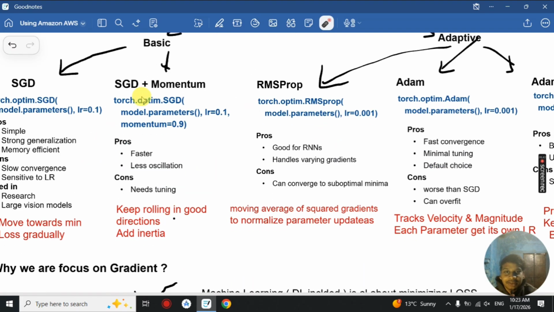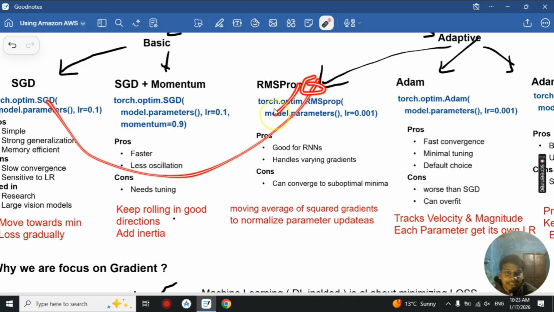Now we have SGD plus momentum, okay. So here when we add momentum equals 0.9, it basically tells how fast we should roll towards our minima, okay. So it will be much faster and it will have much less oscillation than our SGD, okay. But here the momentum needs to be fine tuned, okay.